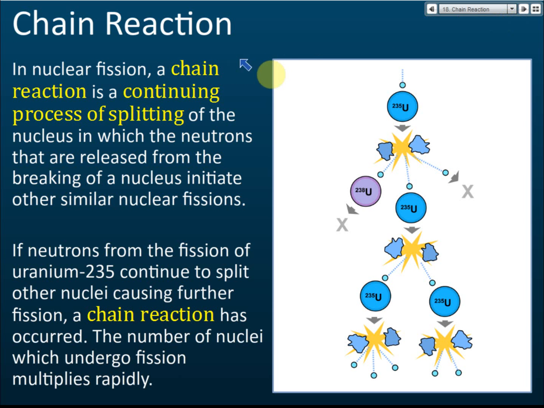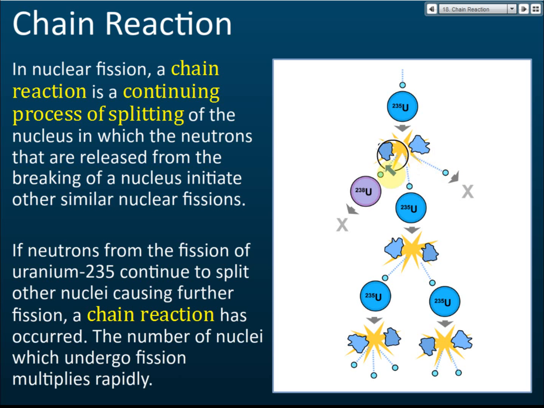Chain reactions. Just now we learned that when uranium absorbs a neutron, it becomes very unstable, and then it splits into two new atoms, and at the same time 3 neutrons are released.